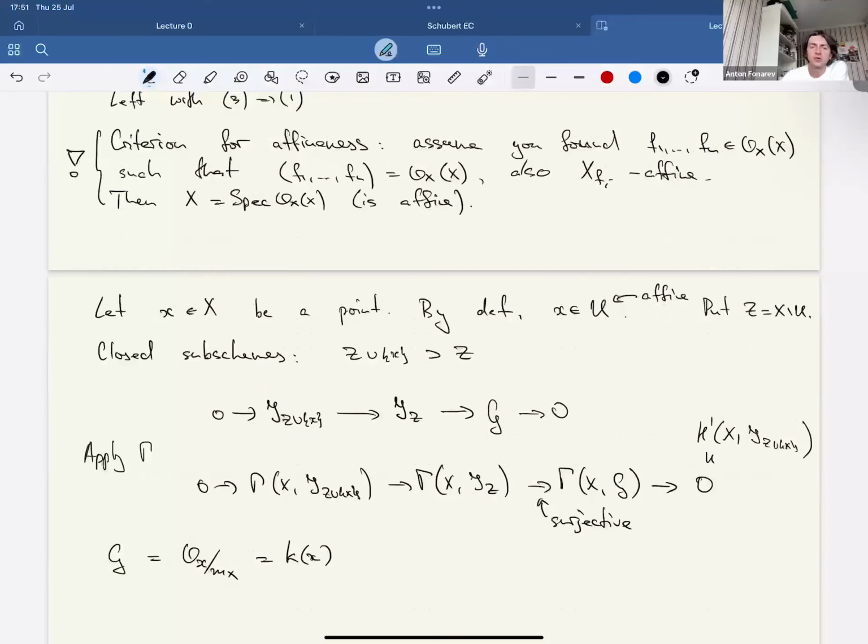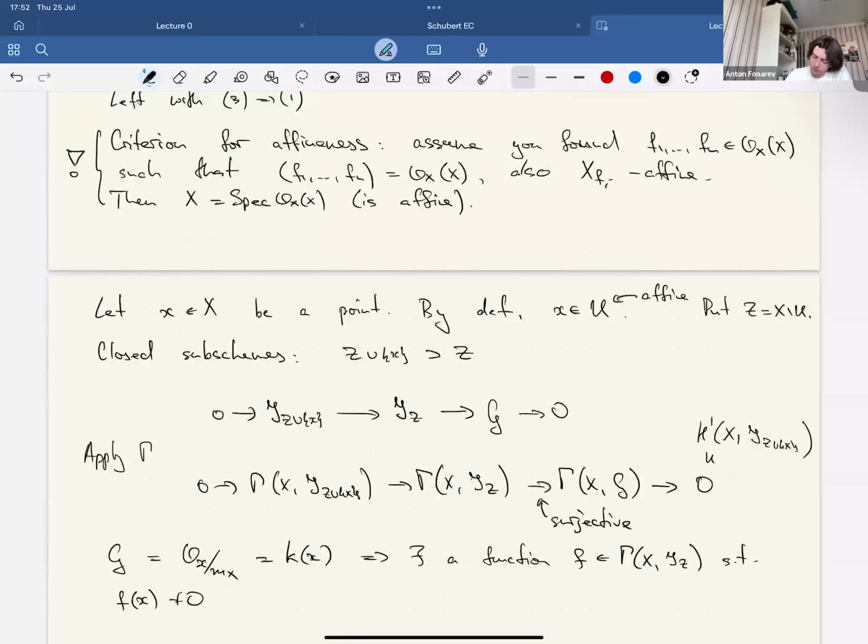All right, so what do we conclude? We conclude that there exists a function f in the global sections on X of the ideal of Z, such that f of X is not 0, because f of X is specifically the image under this map.